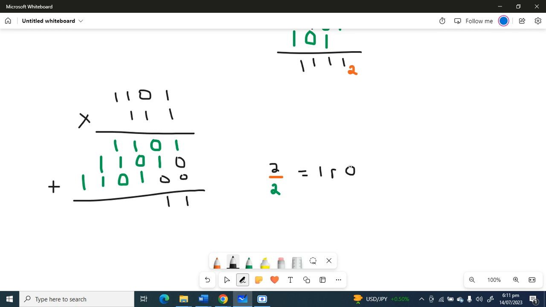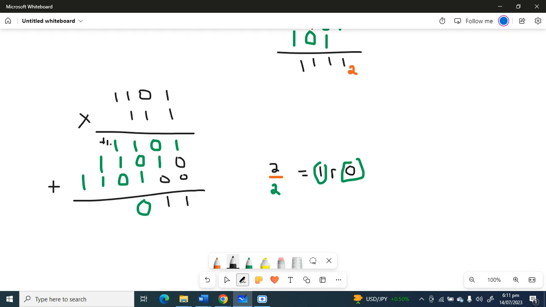Now we must pay attention here. We're always going to put our remainder here. So we're going to put our remainder here, 0. Then we're going to carry this 1 here. All right, we're going to carry it and we'll bring it here. So we'll just add plus 1 here, right, to signify that we have carried the 1.